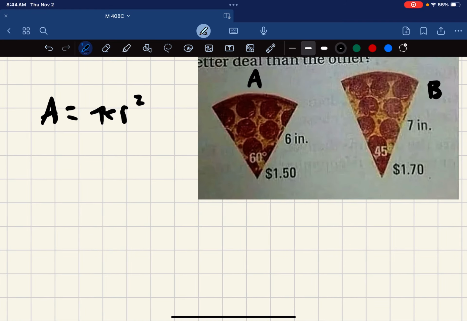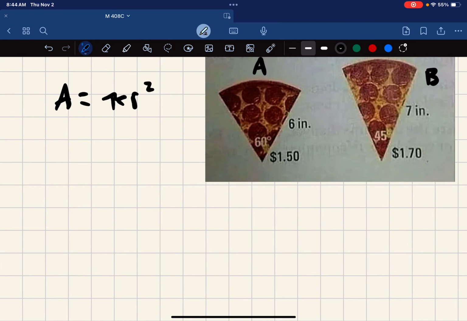This problem gives us one very, very important thing, and that is what degree each pizza slice is of the total circle. As we already should know, a total circle is 360 degrees. This first pizza slice is 60 degrees, and the second pizza slice is 45 degrees.